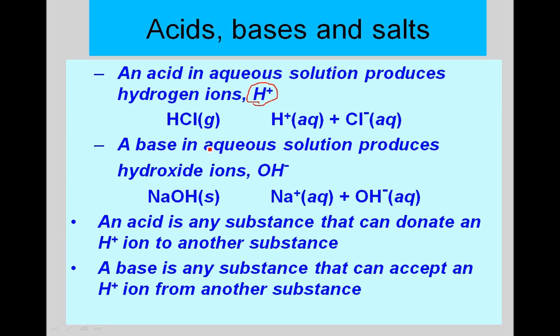A base is an aqueous solution, or a liquid solution, that produces more hydroxide ions, or OH-, right? And so acids have more hydrogen ions, bases have more hydroxide ions. So an acid, again, is any substance that can donate hydrogen ions. A base is any substance that can accept a hydrogen ion from another substance.